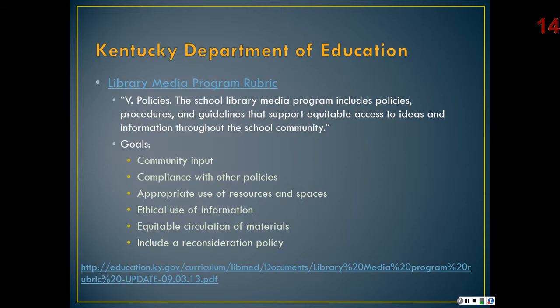As I mentioned previously, one of the goals should include a reconsideration policy for challenged materials. And this document, as I mentioned before, is available from the Standards tab in the LibGuide, and also from the link on this slide. I'm not sure, though, if you can click on that link through Tegrity.